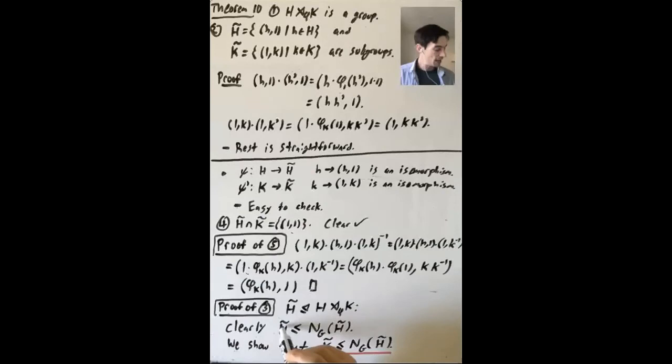Clearly H tilde is contained in the normalizer, so we need to show that K tilde is also a subgroup of the normalizer. You see that from this formula we just wrote down. But I'll pause and erase and write out the details more carefully and also explain why this is enough.